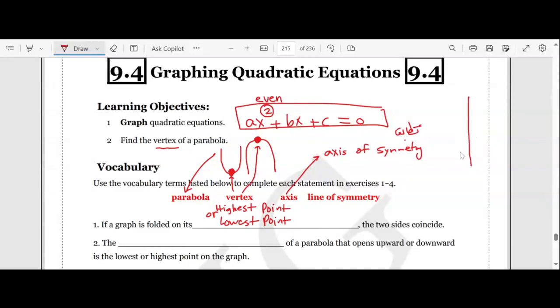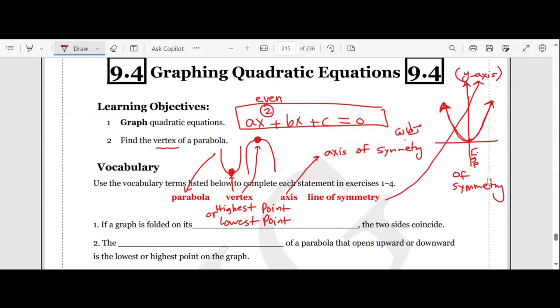It means if I have a graph like this, and this is the y-axis, right? You see this line here? It comes here and it repeats itself into the left side. So the line of symmetry is what? It's the y-axis, correct? Is this clear? So this is the line of symmetry, because the one on the right side is the same as the one on the left side.